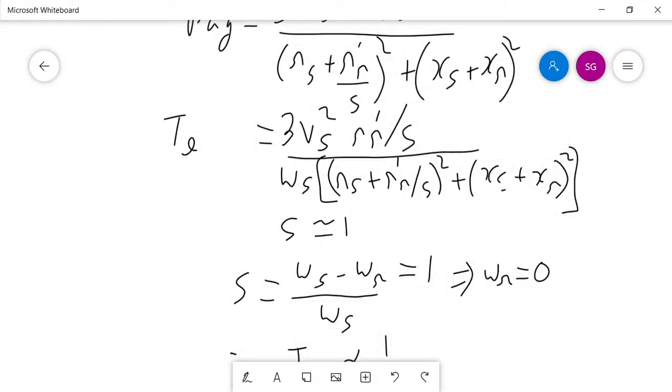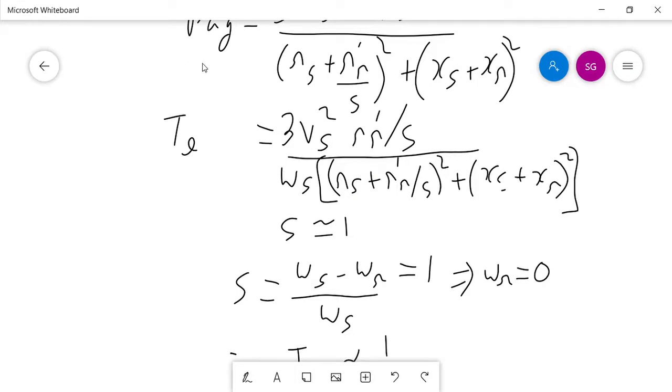After that we assumed our slip. We drew the torque slip characteristic between operating region and non-operating region, for slip nearly equal to 1 and for slip nearly equal to 0. That's why we proceeded. But here I want to make clear the effect of increasing the rotor resistance.